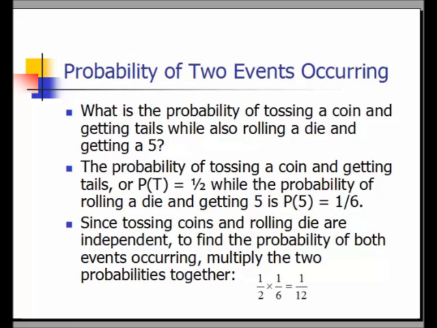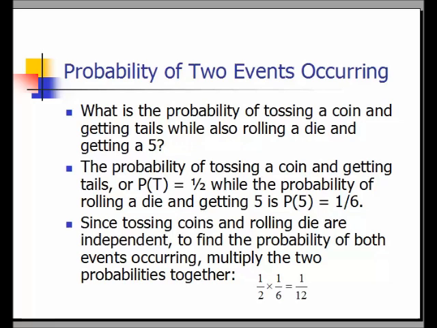Let's extend this idea. What is the probability of tossing a coin and getting tails while also rolling a die and getting a 5? The probability of tossing a coin and getting tails, which we will designate as P of t, equals 1/2, while the probability of rolling a die and getting a 5, P of 5, equals 1/6.